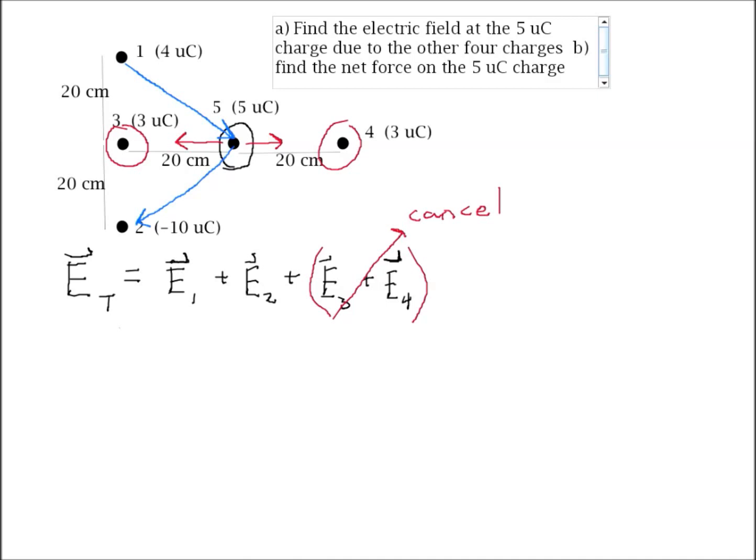And they're not going to be the same size either, because one of them is a negative 10 microcoulomb charge and the other one is a 4 microcoulomb charge. So we can't use symmetry on charges 1 and 2. We can use symmetry on 3 and 4, though, so that cuts our work in half.